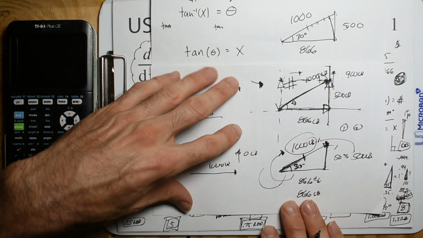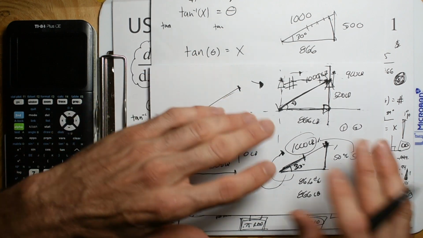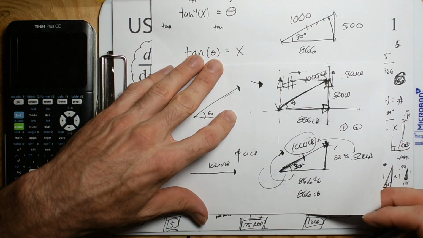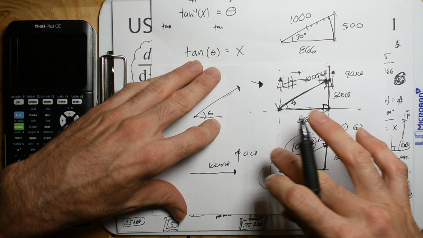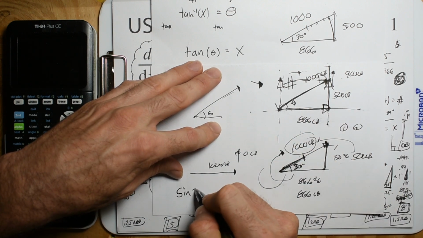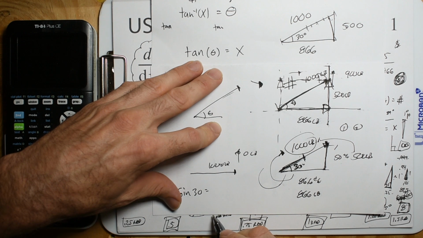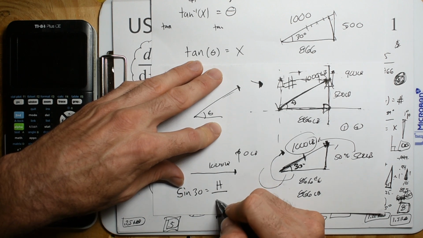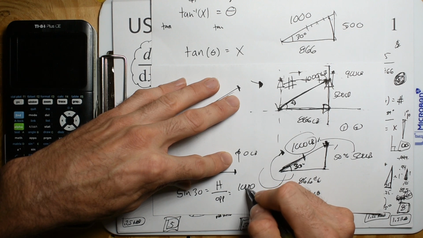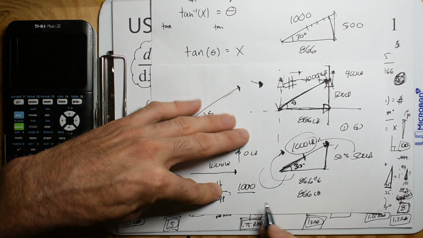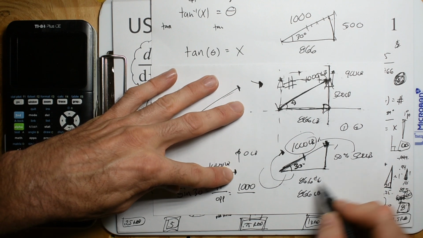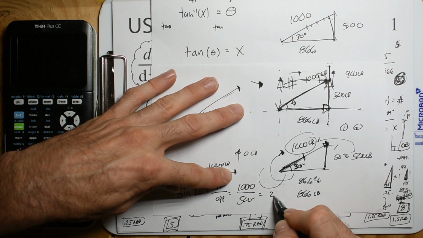Now I'm going to blow my mind too, because if the mathematicians really wanted to play a joke on us, they could have done it the opposite way. There's no reason that sine of 30 couldn't be hypotenuse divided by opposite. You know what I mean? So then you would have 1,000 divided by 500, and you would have 2.